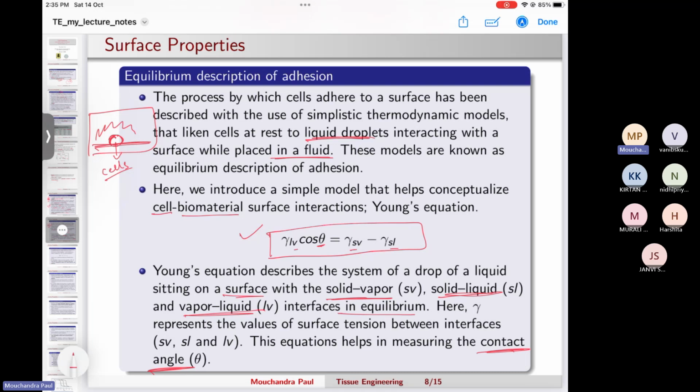So in equilibrium, or at rest, when there is no driving force, this equation is defined. And this equation helps us to measure the contact angle. The liquid droplet is sitting on a material, so what is the angle it has made with the surface? That is the contact angle.